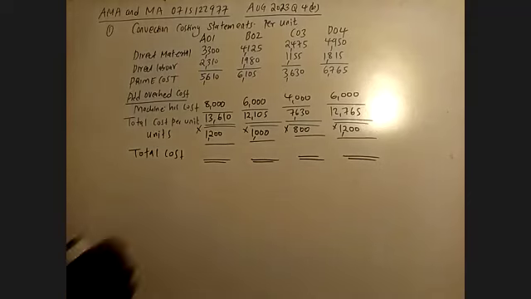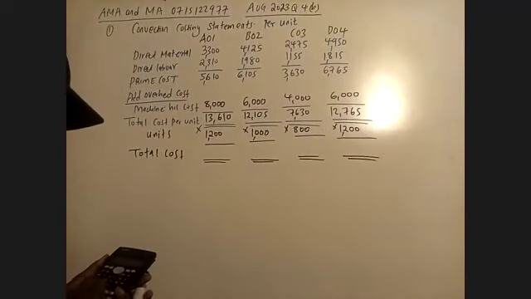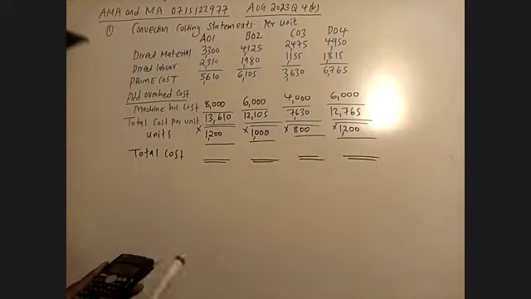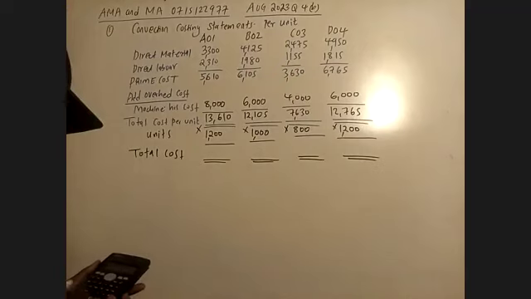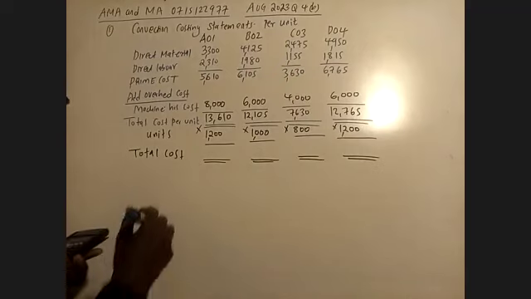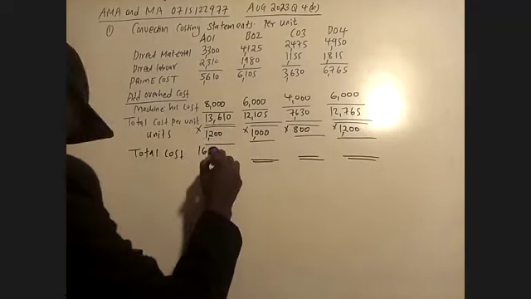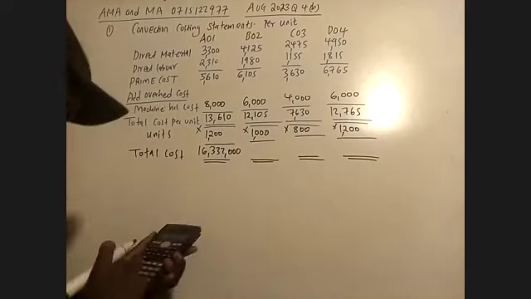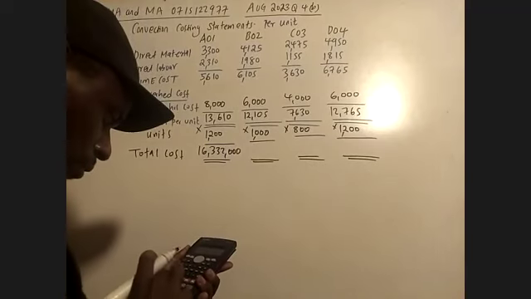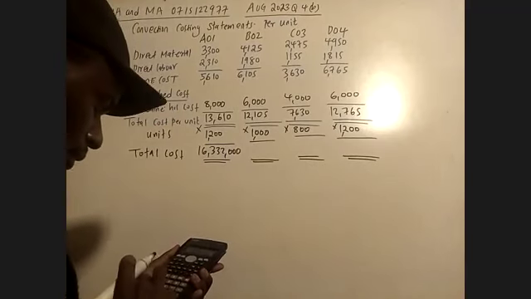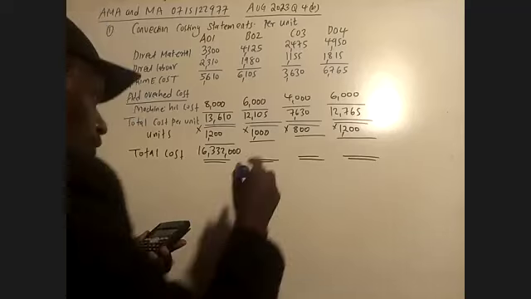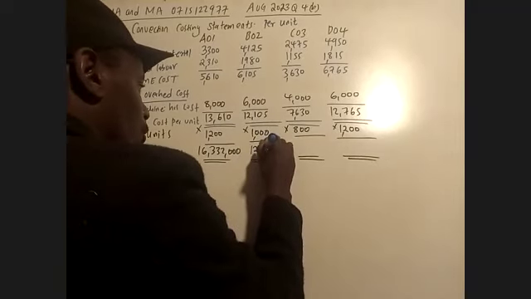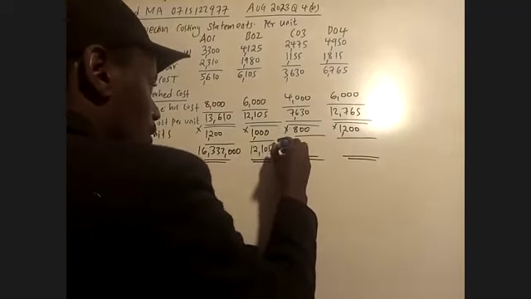So tuanze na ya kwanza, so multiply 13,610 times 1200, which is 16,332,000. 12,105 times 1,000 itakuwa ni 12,105,000.